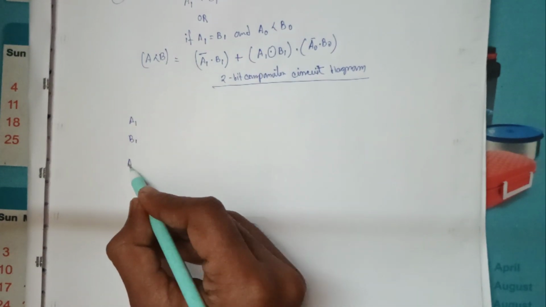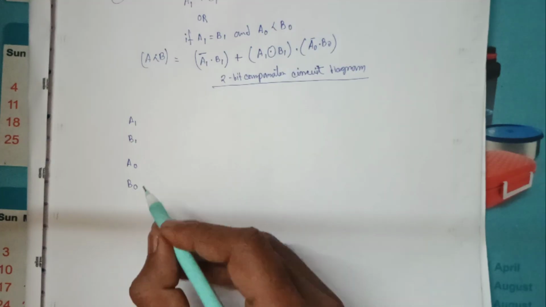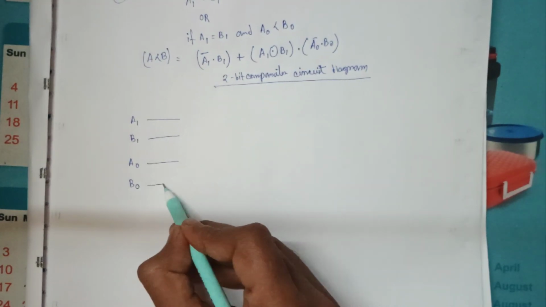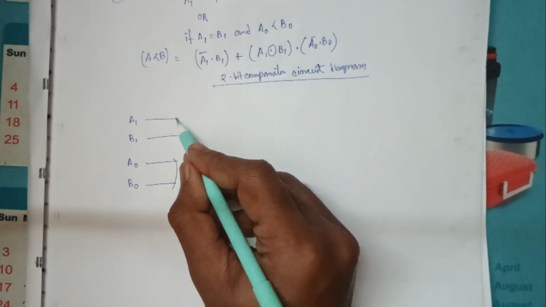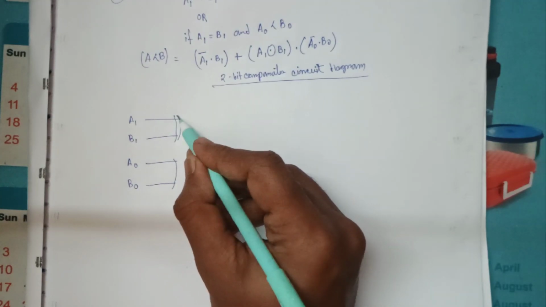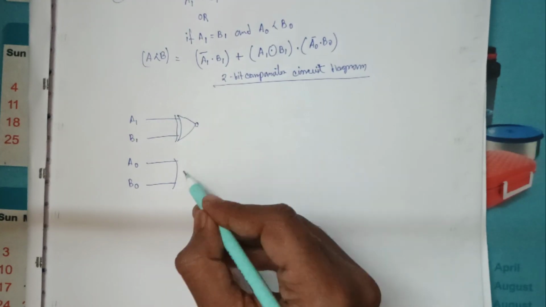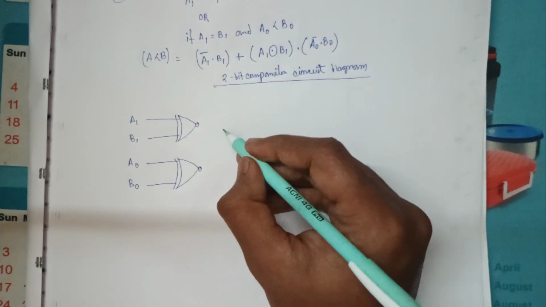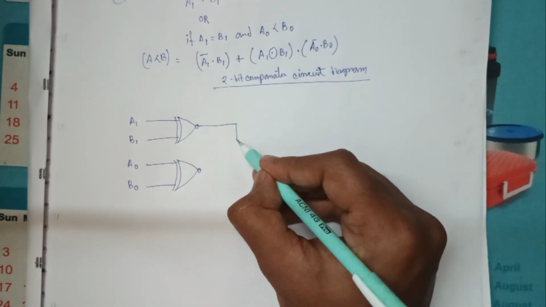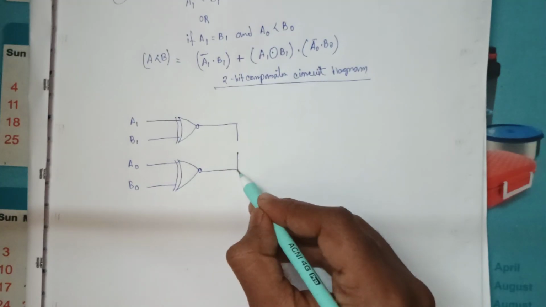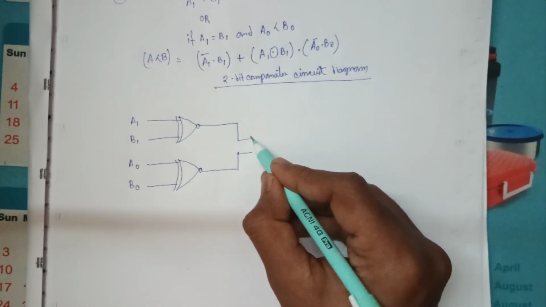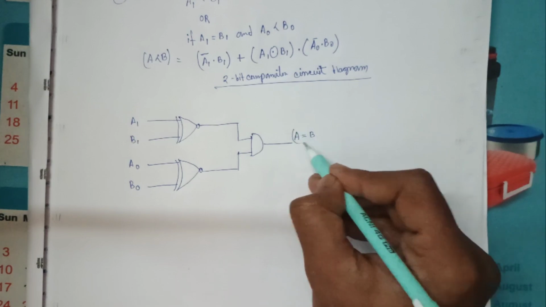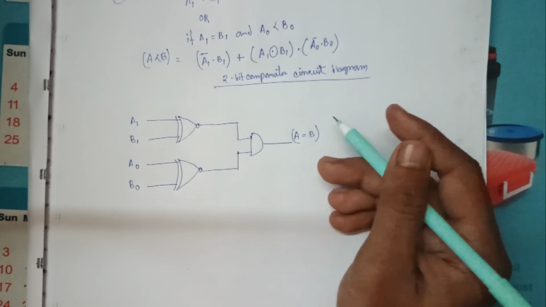A1 B1, A0 B0, this is for the equal to condition.